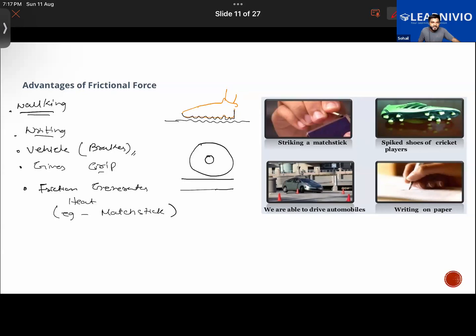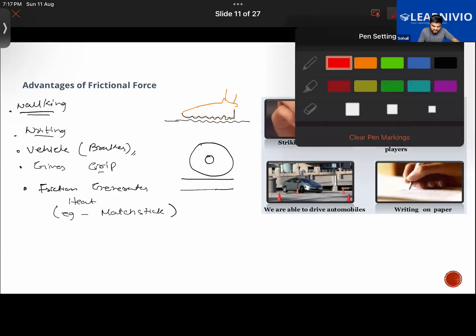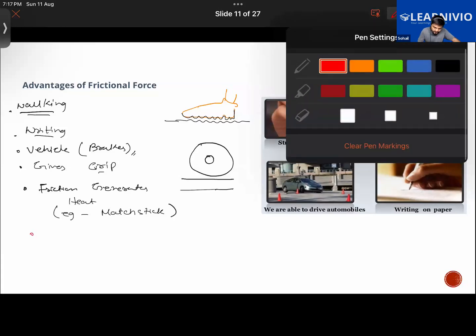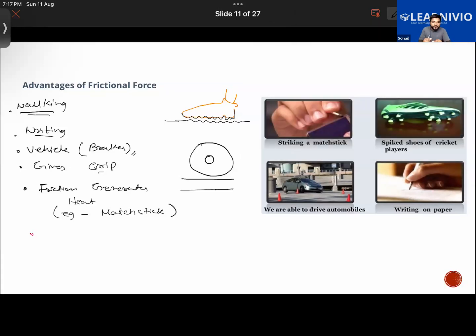So we are able to walk on the surface of the earth because of friction. We are able to write with a pen on the surface of paper because of friction. Do tell me, if there were no friction, would we be able to fix a nail in the wall?